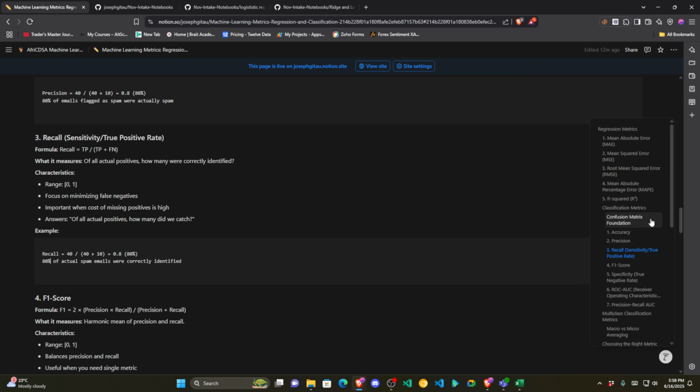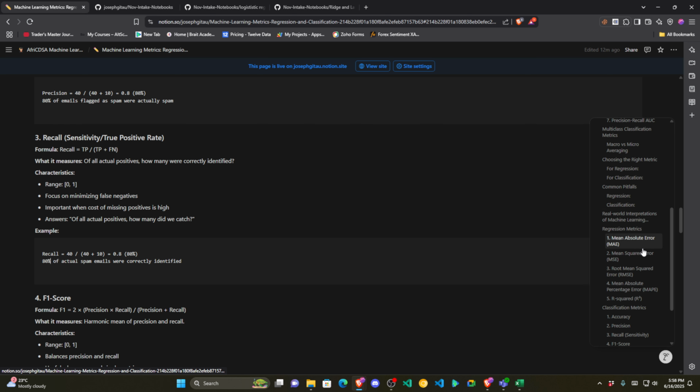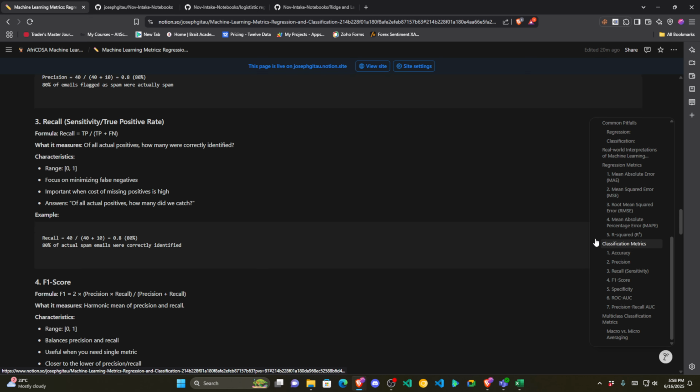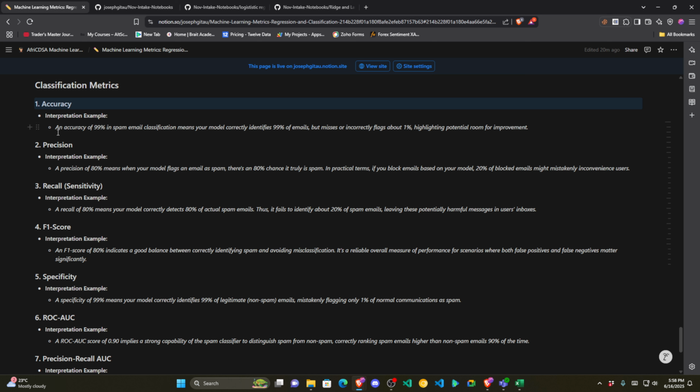How do we interpret this in the real world? For accuracy, 99% in spam email classification means your model correctly identifies 99% of emails, but misses or incorrectly flags 1%. A precision of 80% means that when your model flags an email as spam, there is an 80% chance it's truly spam.